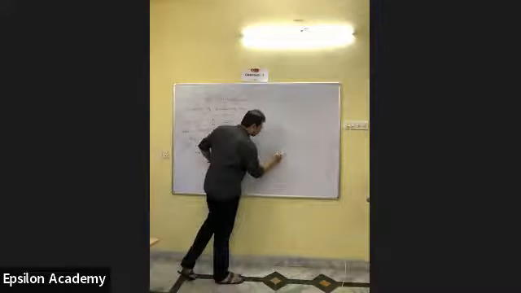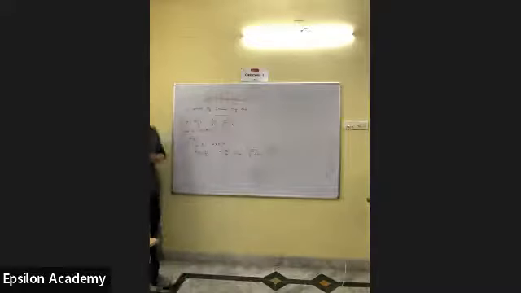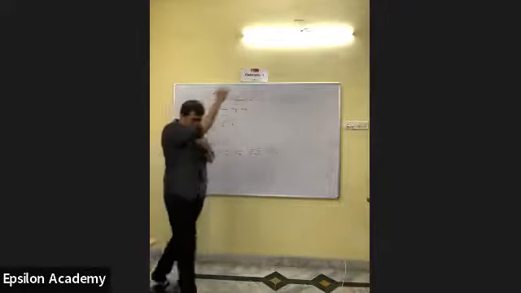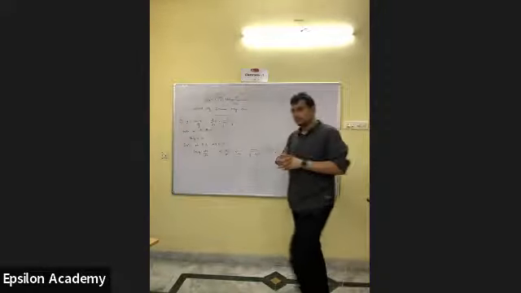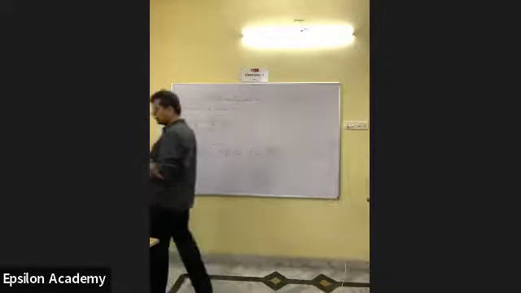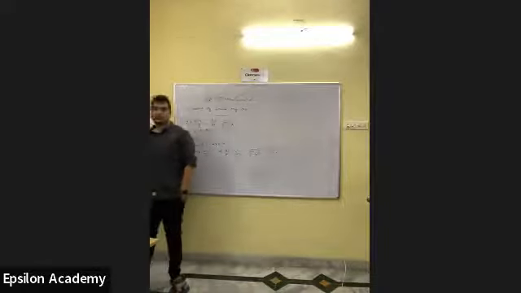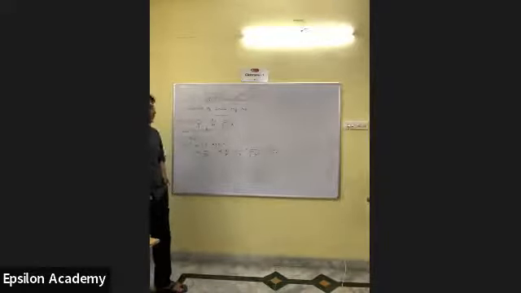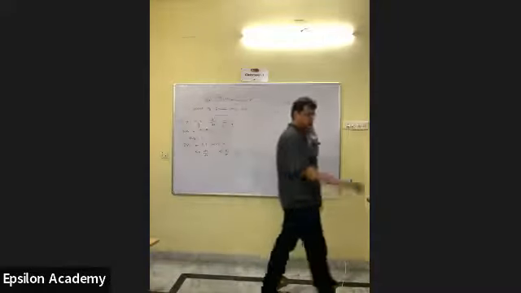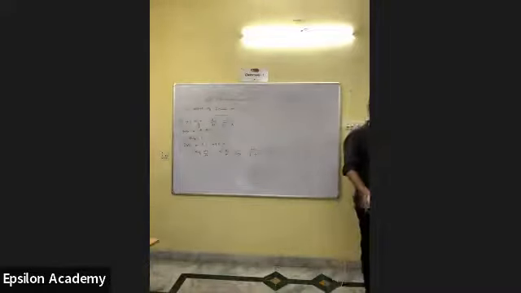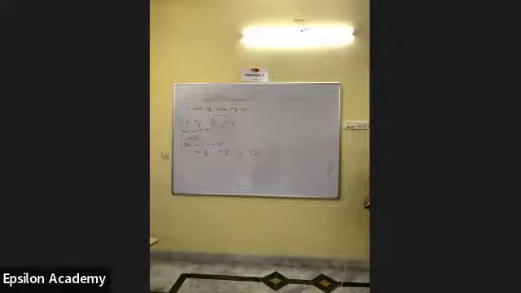That is why you got 1 by root of 1 minus x square. Okay. Clear?